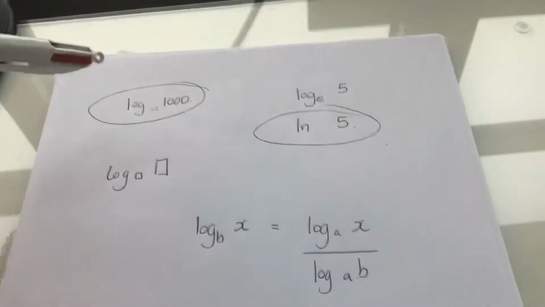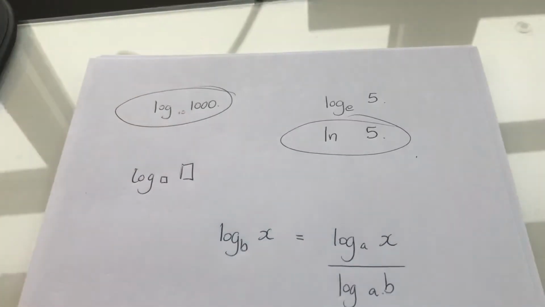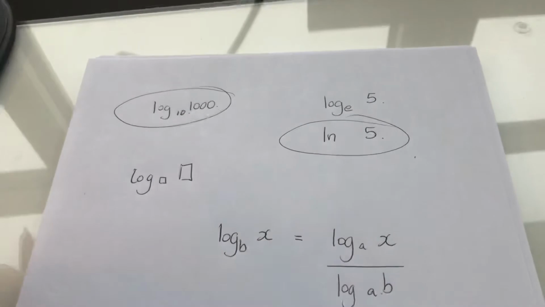Let's say this was base 10, which they've told me it is, and I'd rather write it as base 2. Well, what am I going to do? The x is the 1000.